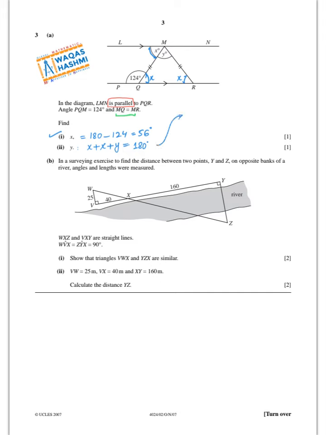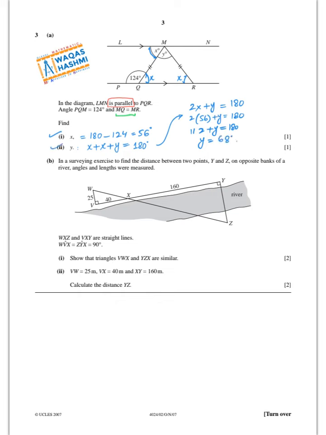So x plus x, it's 2x plus y is equal to 180. You have the value of x. So 2 times x is what? x is 56, so 2 times 56 plus y is equal to 180. 2 sixes are 12, 2 fives are 10, 112 plus y is equal to 180. And y is equal to 68. That is your answer for y.